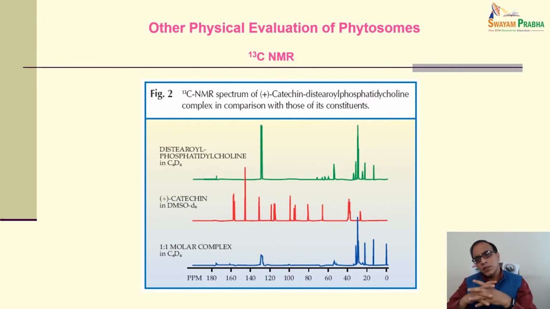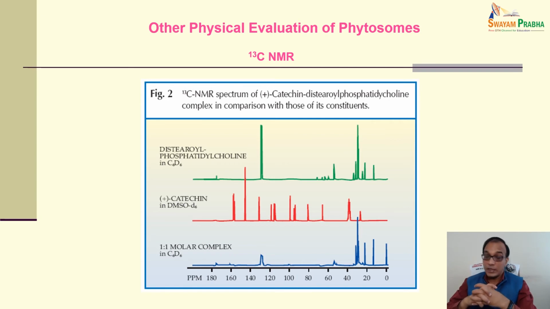Whether the component is a phytoconstituent or a synthetic one, your characterization parameters are going to be the same. For other physical evaluation of phytosomes or pharmacosomes, you can perform carbon 13 NMR and you will see the complete shift, provided you have good purity phosphatidylcholine. It is my own experience that if you don't use a high purity phosphatidylcholine, you won't get a good NMR.